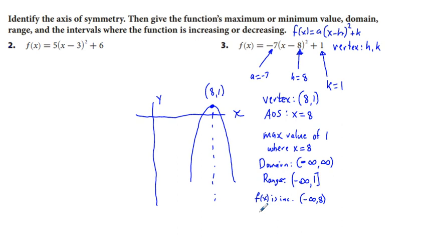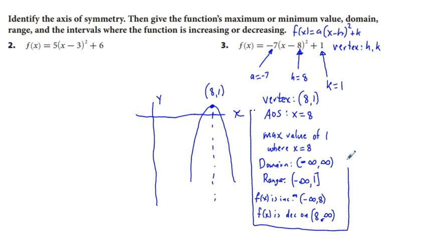And then f of x is decreasing on the interval from 8 to infinity. So that's going to be that. So quite a few things here. Those will be our answers.